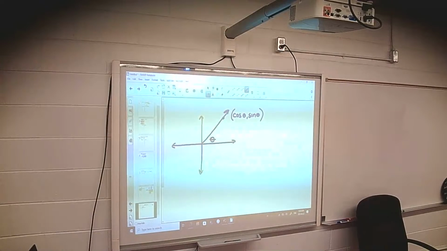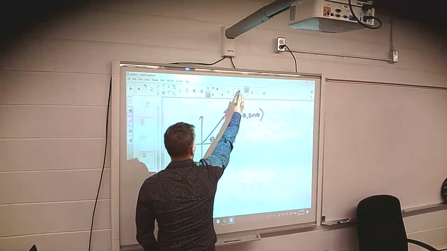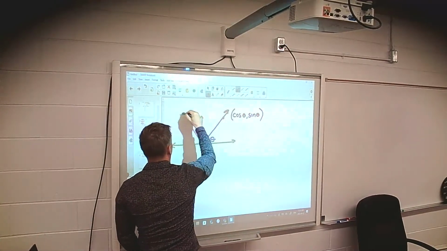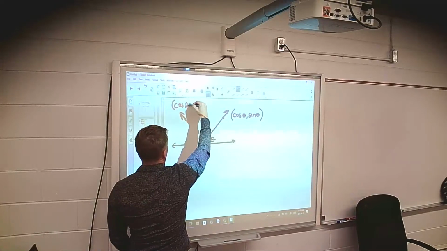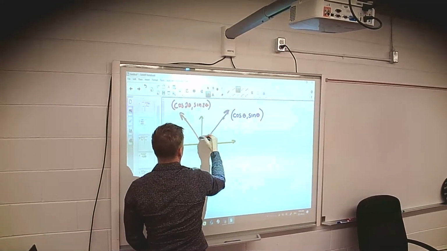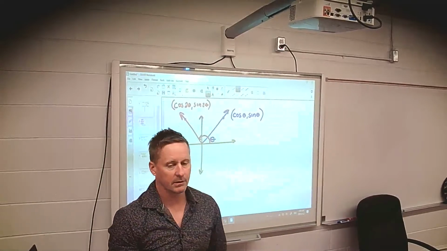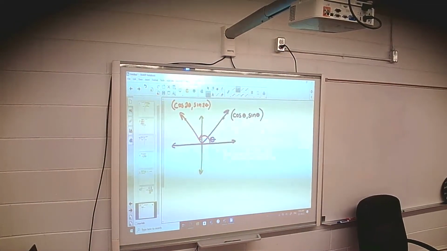When you're looking for twice the angle, so let's say that this was greater than 45, so it's somewhere up here, I'd be looking for cos 2 theta, sine 2 theta over here. That's essentially what you're looking for when you're doing the double angles. You're looking for the coordinates at twice the angle that we've already found.